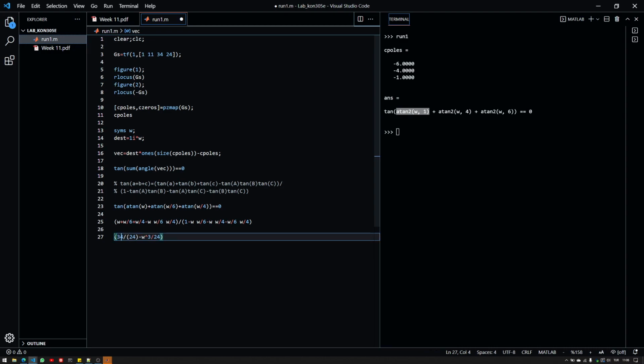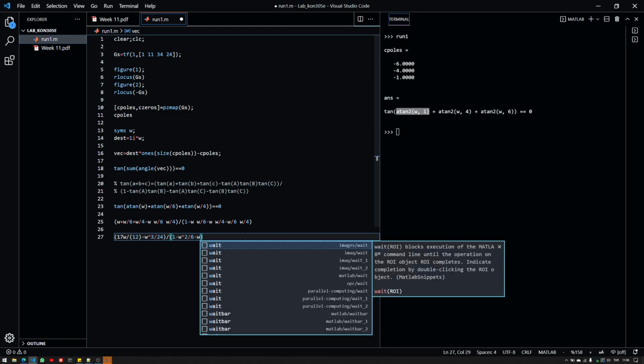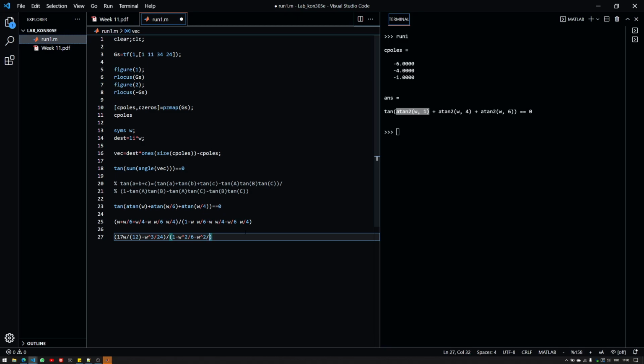So 34 omega divided by 24, or let's say 17 divided by 12. That's also possible. This divided into 1 minus, now this might be a bit tricky, but not really that hard, omega squared divided by 6 minus omega squared divided by 4 minus omega squared divided by 24. This should be equal to 0, by the way.